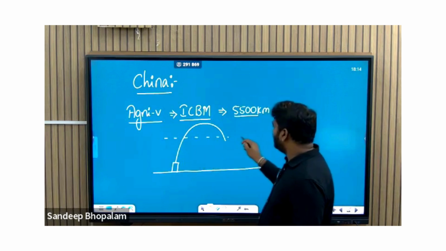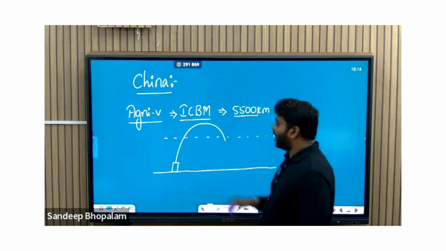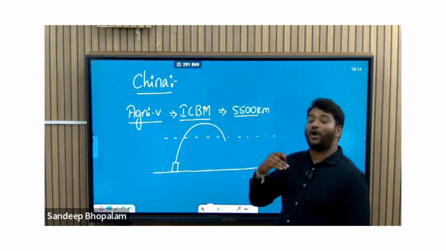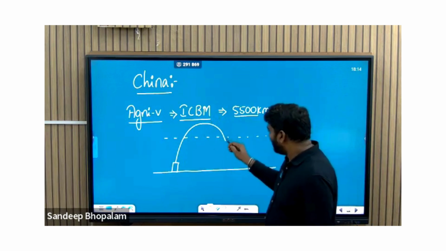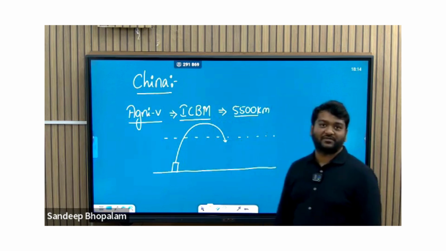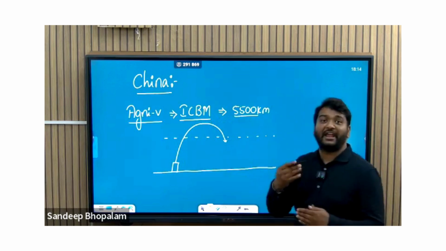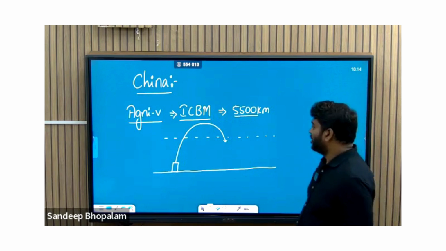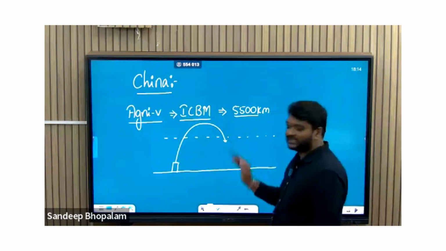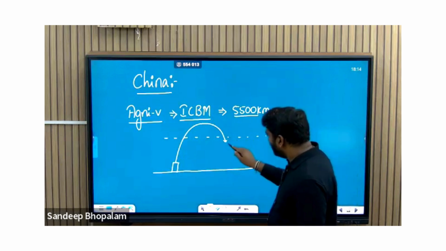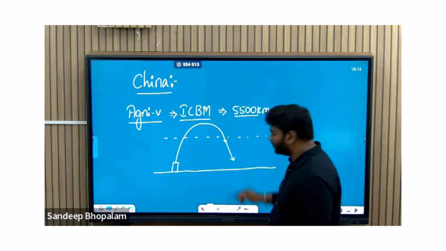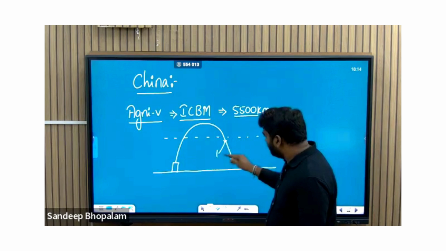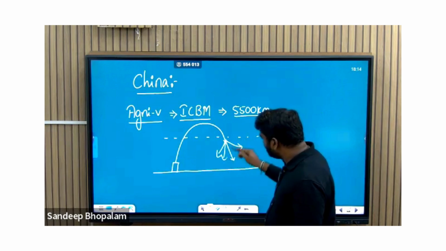And normally it will go higher. People normally believe it goes out of the atmosphere and again re-enters the atmosphere. So that point is called re-entry.